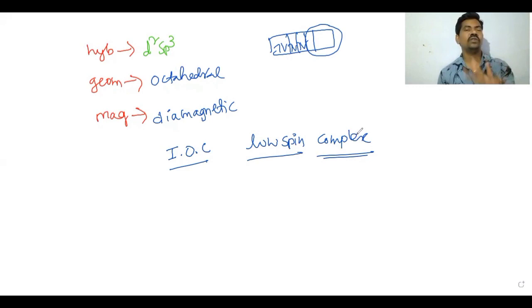If the electrons are getting paired in the presence of a strong field ligand, then the hybridization will be d2sp3, an inner orbital complex, diamagnetic, and low spin.